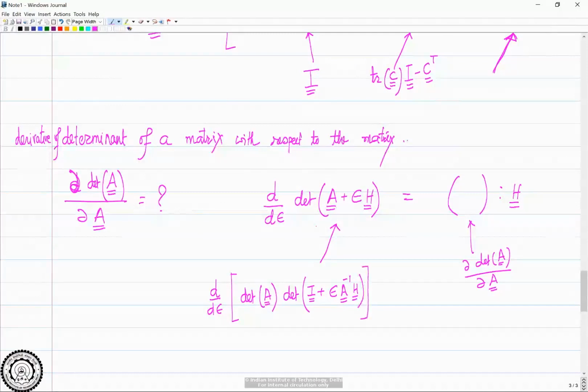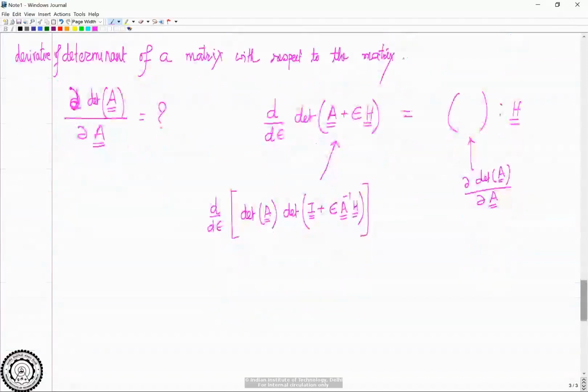See, the determinant of two matrices is simply the determinant of the product of the two matrices, and when you take the product, you get back A plus epsilon H. Please tell me if you're not able to follow.